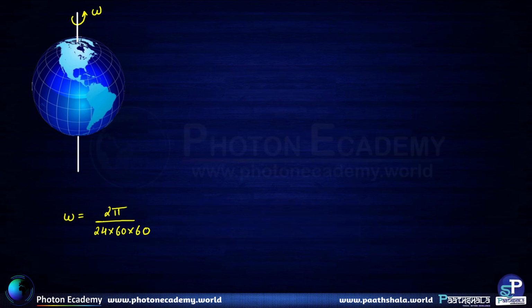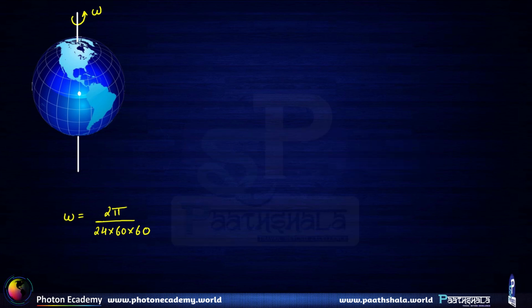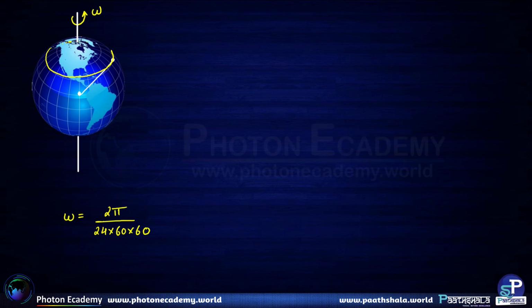Because of this, all objects on the surface of the earth experience a centrifugal force that tends to throw them outwards. So let us say this is the center of the earth over here, and let us say we are analyzing a point that is over here. Now this point is moving in a circle as shown.